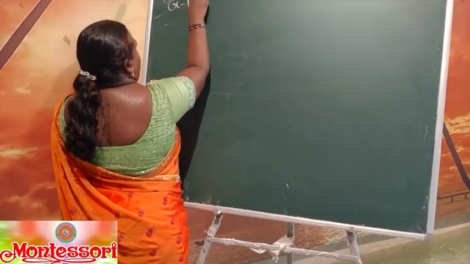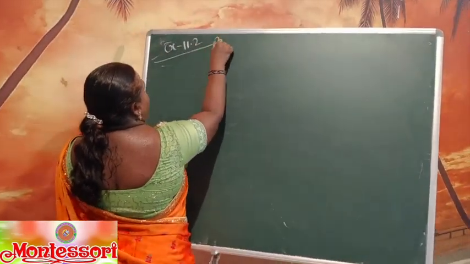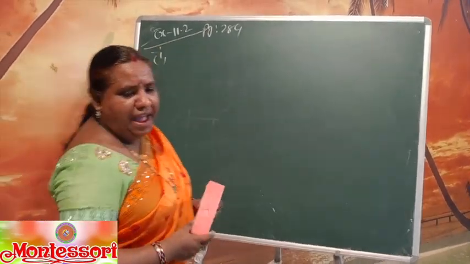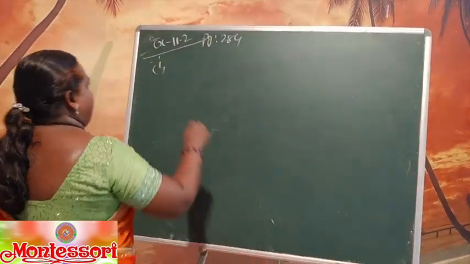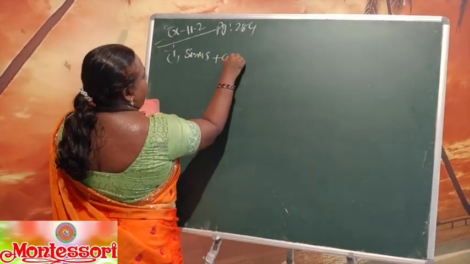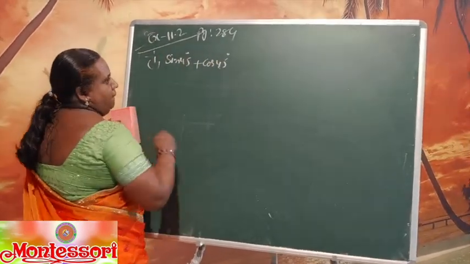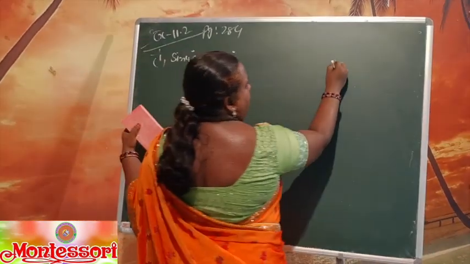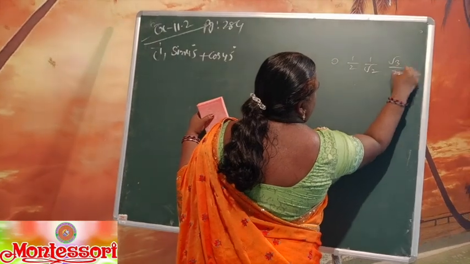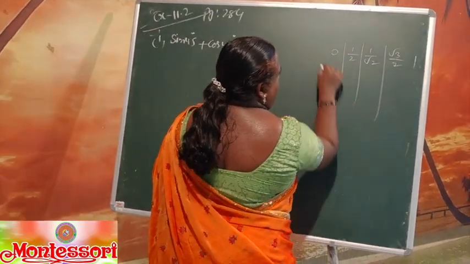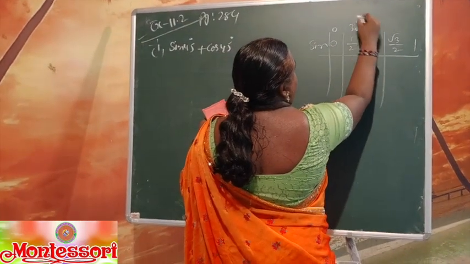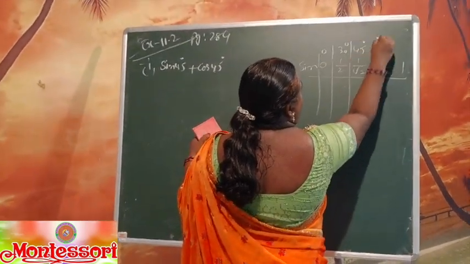Exercise 11.2, page 284. What is the first sum? Find the value of sin 45 plus cos 45. As you all know, this is the main table you have to remember.